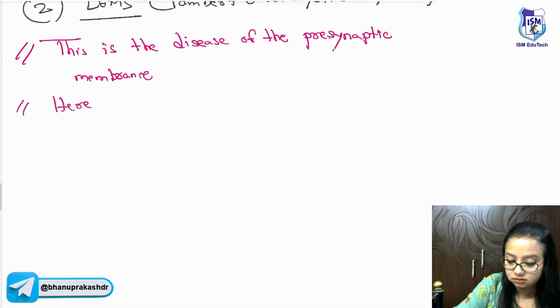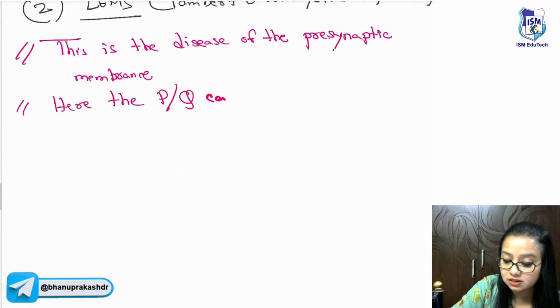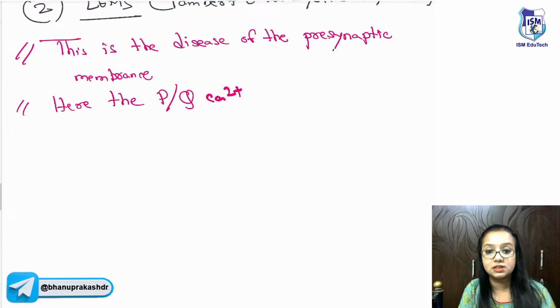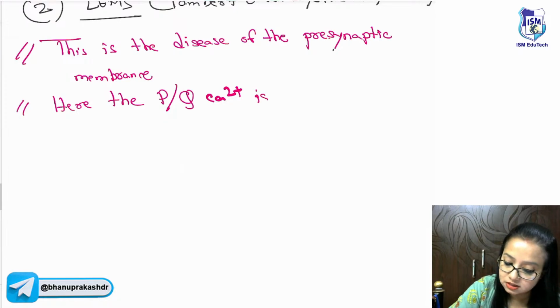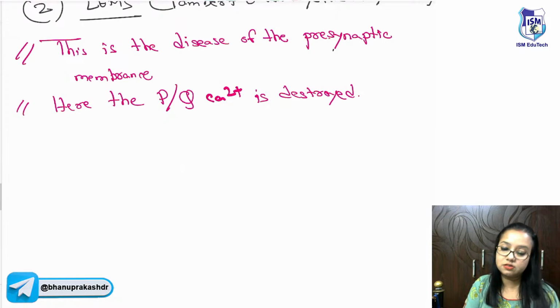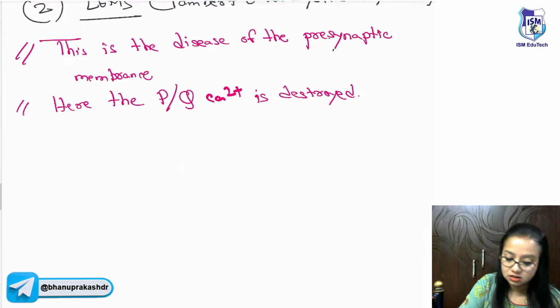Here, the PQ calcium channel, it is a type of voltage gated calcium channel that is present in the presynaptic membrane, is destroyed. Okay, here it is destroyed. So, without calcium channel, calcium cannot enter.